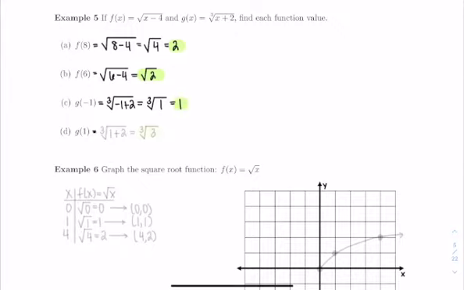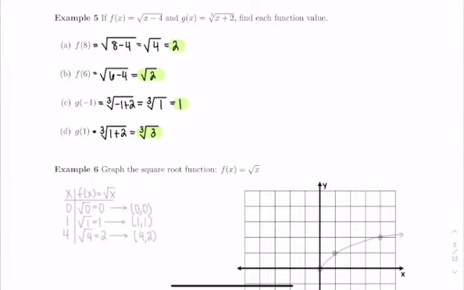And one more. We have the cube root of 1 plus 2, or we have the cube root of 3. And nothing cubed would give me 3, so we can just go ahead and leave this as the cube root of 3. We could get a decimal approximation, but it's not needed in this case.